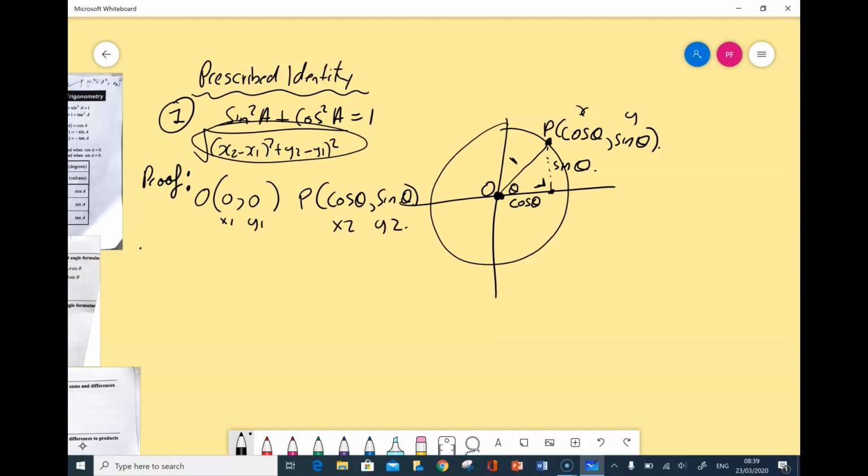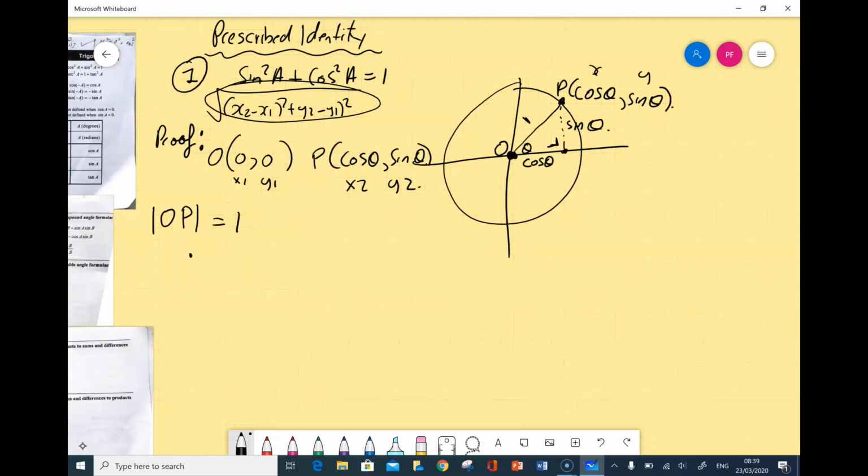Now the distance from O to P we know is 1, because that's the length of the hypotenuse, 1. Hence, 1 equals the square root of x2 minus x1, so cos theta minus 0 to be squared, plus y2 minus y1, sine theta minus 0 to be squared.